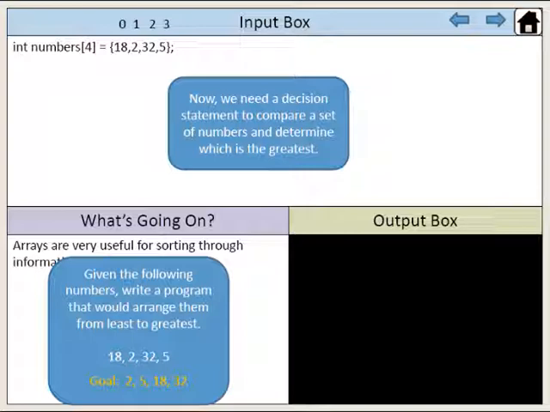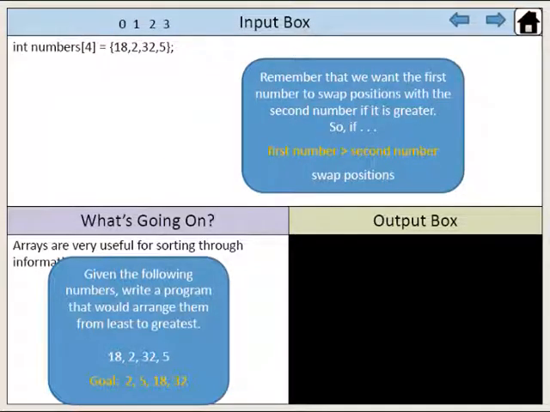Now we need a decision statement to compare a set of numbers and determine which is the greatest. Remember that we want the first number to swap positions with the second number if it is greater.